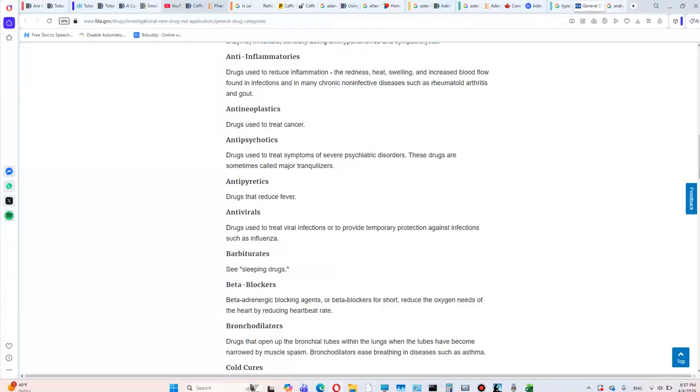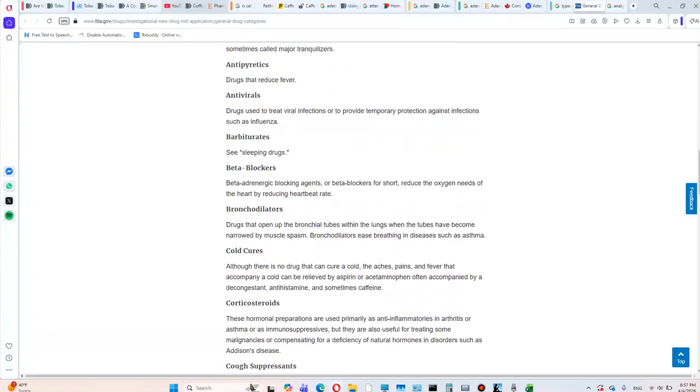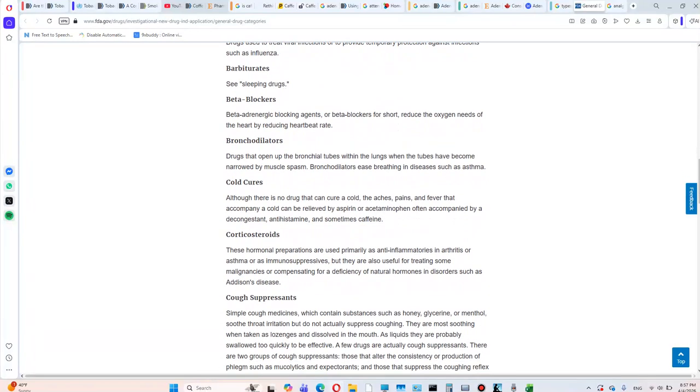Antivirals, drugs used to treat viral infections or to provide temporary protection against infections such as influenza. Barbiturates, see "sleeping drugs." Beta blockers, beta adrenergic blocking agents, or beta blockers for short, reduce the oxygen needs of the heart by reducing heartbeat rate.